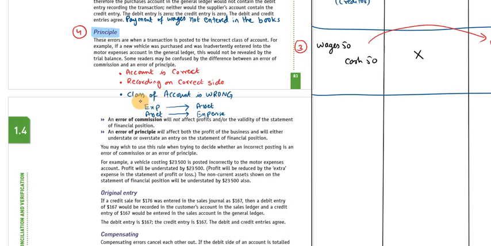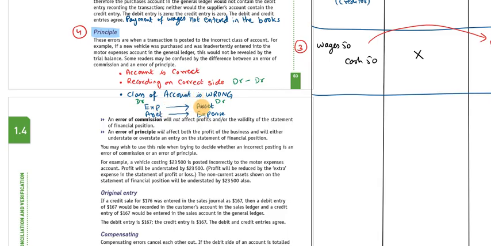Because the nature of expense and asset is similar, the nature of expense is debit and the nature of asset is debit, so recording on the correct side, debit will be debit and credit should be credit, so there is no issue. But the wrong entry will be that we have selected the wrong class of account.